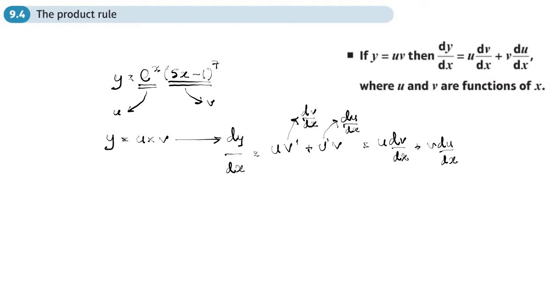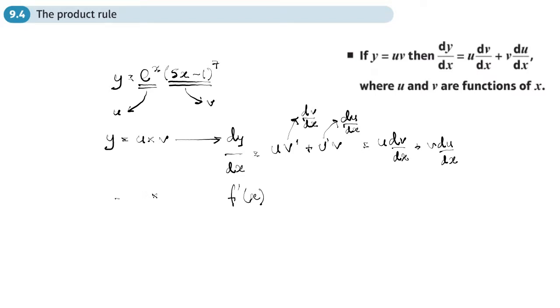or if you use function notation, if we had y as a function of x times a different function of x, how would we write that?